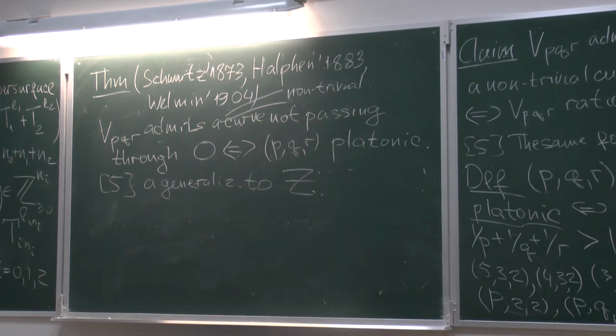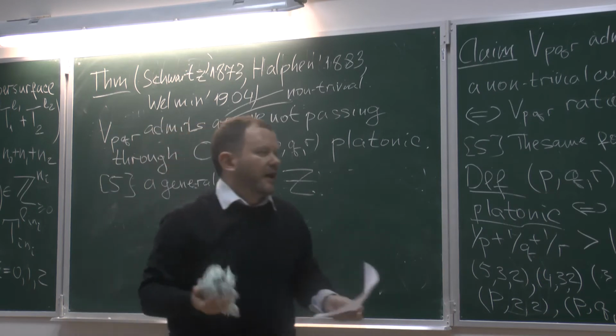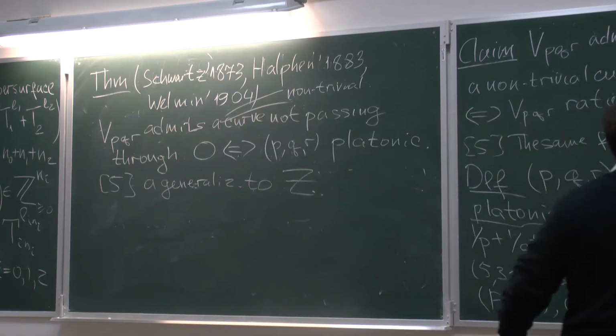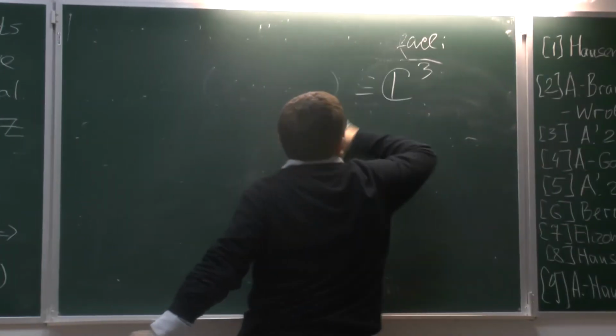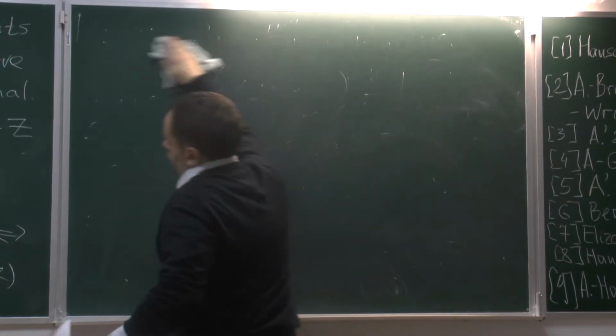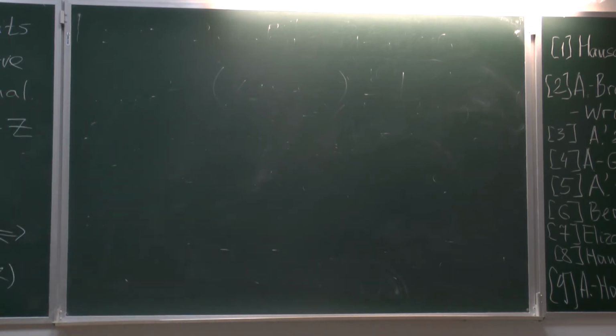Okay, and now some explanation why we are interested in trinomials, how they are connected with actions of complexity 1. In fact, we already know that such a hypersurface admits an action of complexity 1, but if this is just one example, this is not interesting. But in fact, this is not just one example.